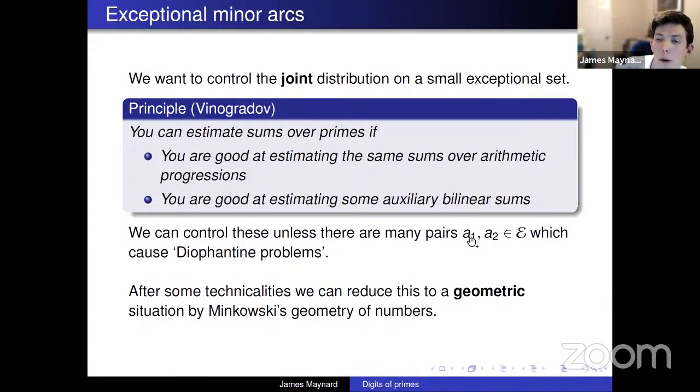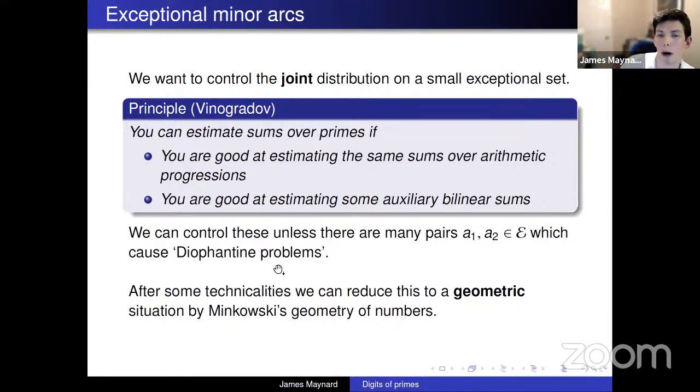But there were problems if there are certain Diophantine problems with these pairs of Fourier frequencies in this exceptional set, which cause these bilinear sums to be much more complicated to estimate. So for each pair of Fourier frequencies, we get some bilinear sum, and we want to understand these potential bad pairs, when they cause Diophantine problems.